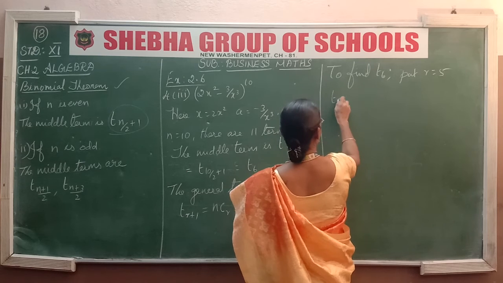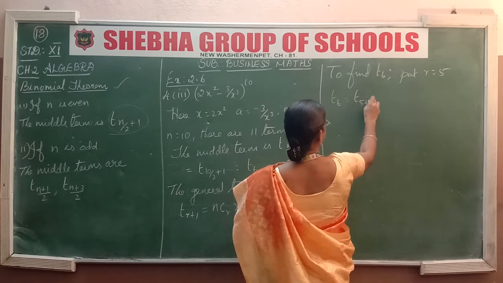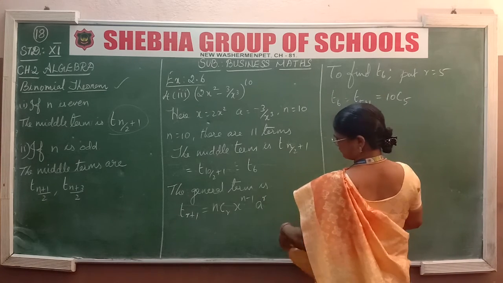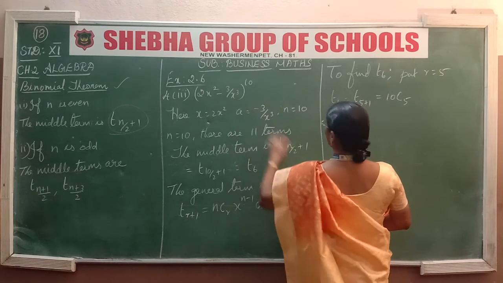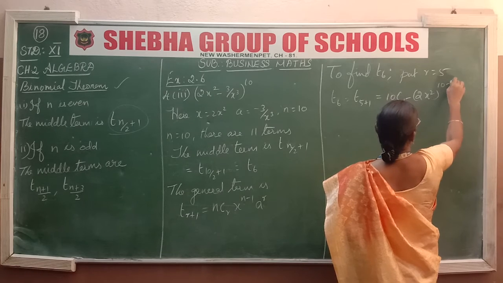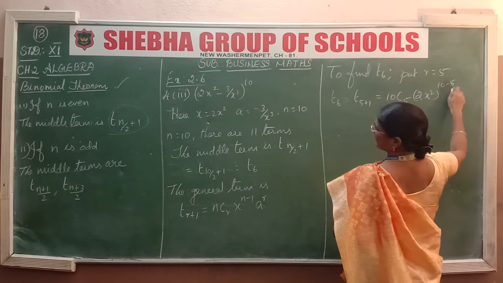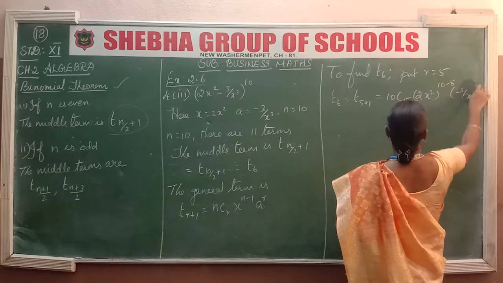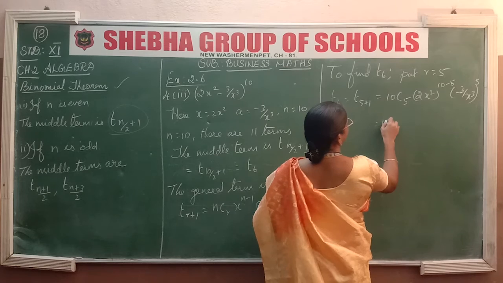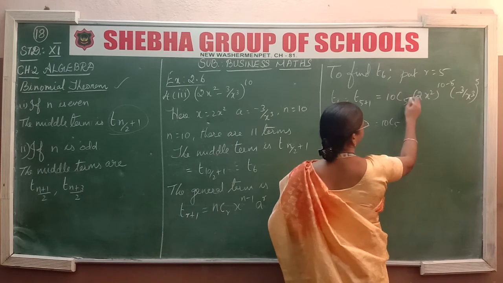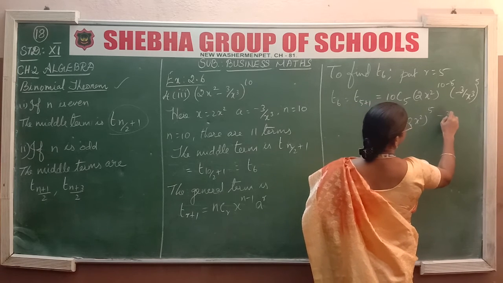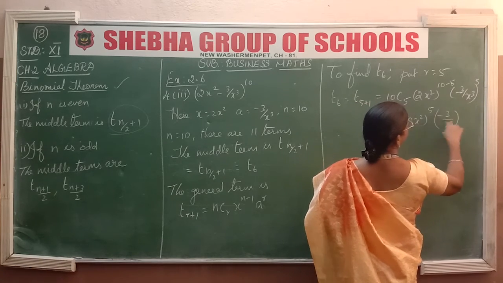Substituting here we get T5 plus 1, r plus 1 is equal to nCr, n is 10, C5, and x is (2x square) whole power 10 minus 5 and (minus 3 by x cube) whole power 5. Here r is 5. So 10C5 into (2x square) whole power 5 and (minus 3 by x cube) whole power 5.